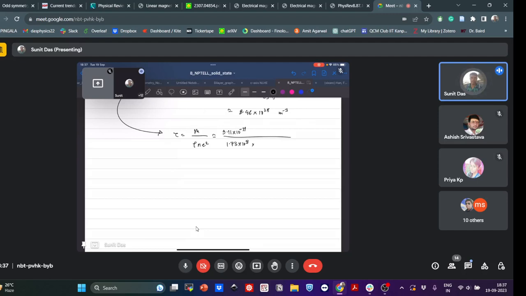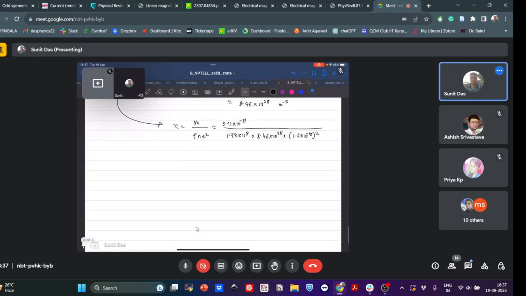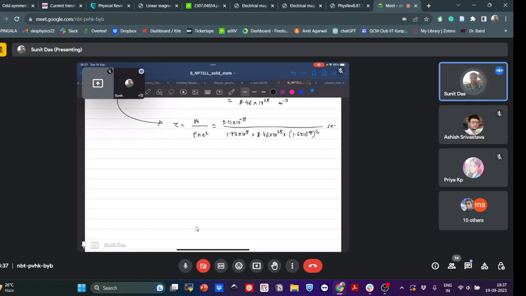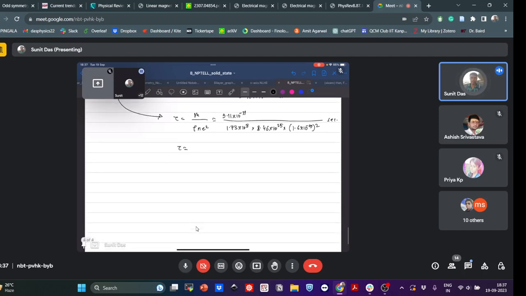And then n is the carrier concentration, into electronic charge square. In seconds, tau is around 2.38 into 10 to the power minus 27 second. So this is one part.